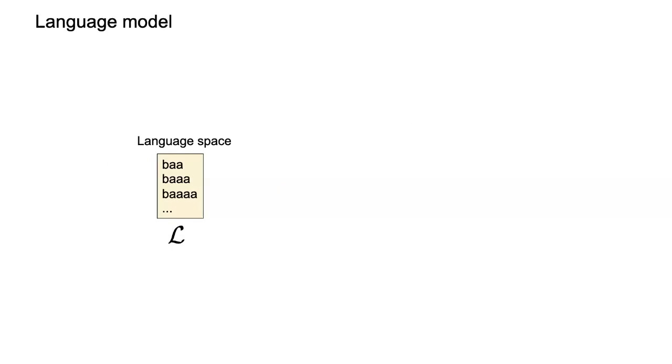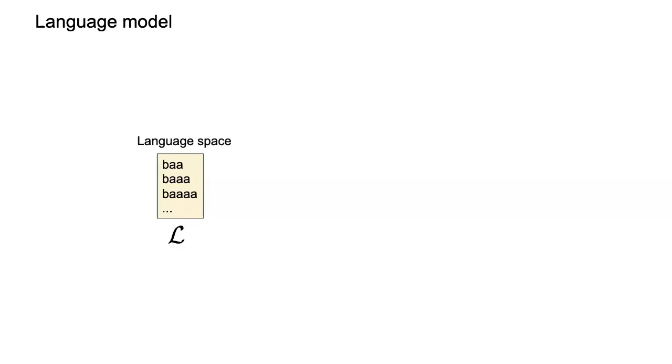So what does that mean here? We have some language space. That's basically the theory of languages and regular expressions and so on. So let's call it L. That is the space of all possible words that you want to accept as part of your language. So in that case, I put some words that are accepted.